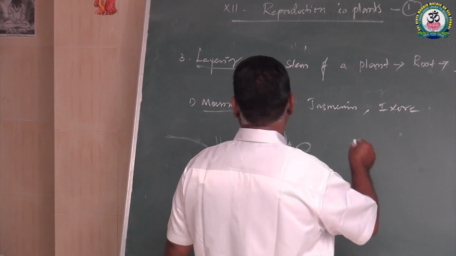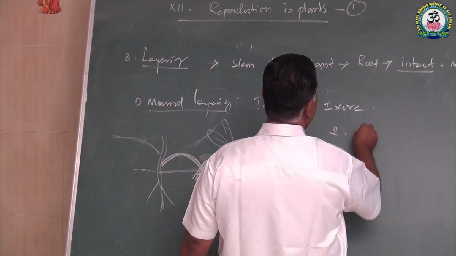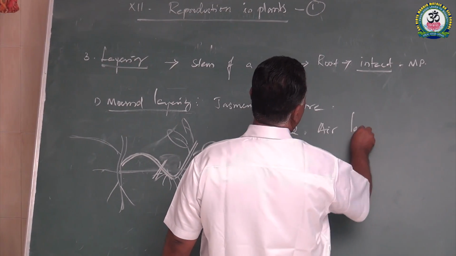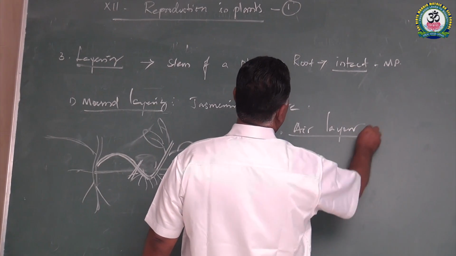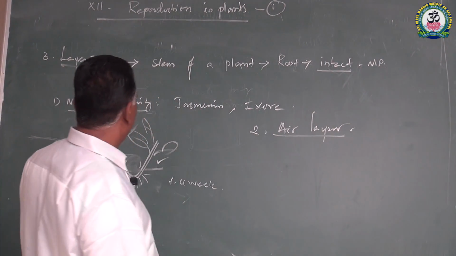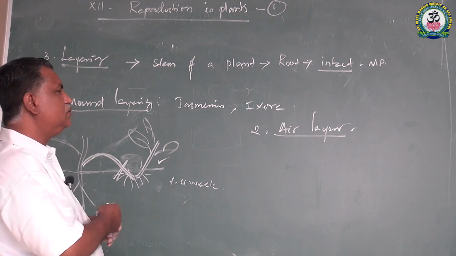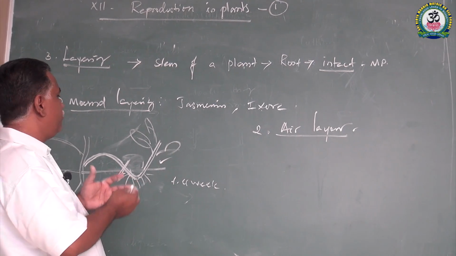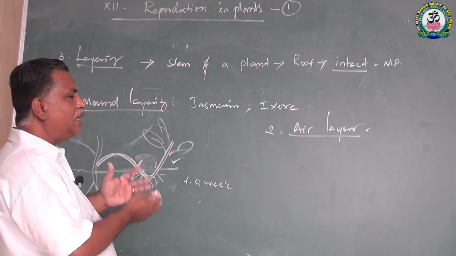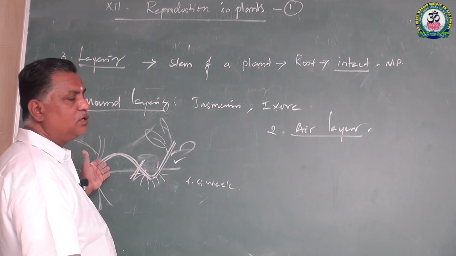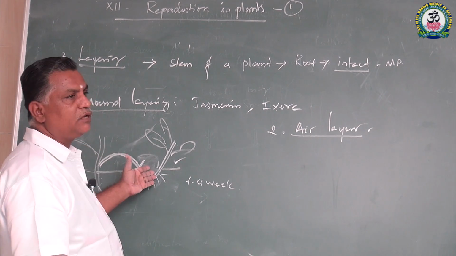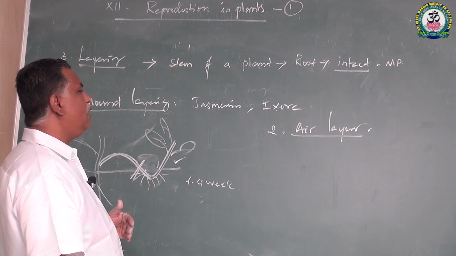Next is air layering. The second is air layering. If we want to make a new plant from a particular plant that does not have branches very near to the surface of the soil, what to do?